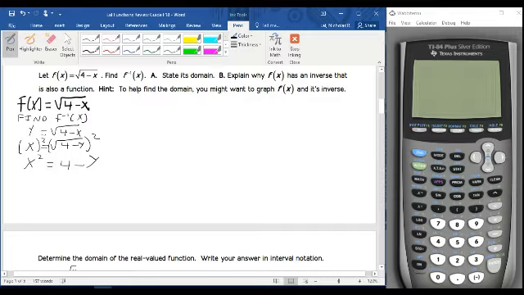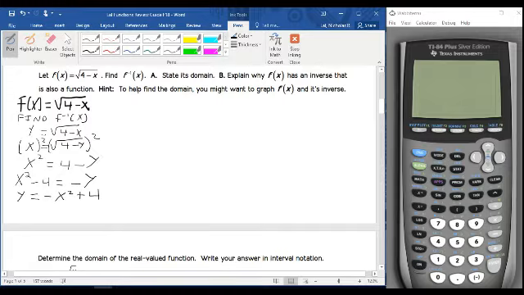So we have x squared minus 4, subtracting 4 from each side, is equal to negative y. And then the last step is I divide each side by negative 1, so that way I can get y to be positive. So I'll have y is equal to negative x squared plus 4.